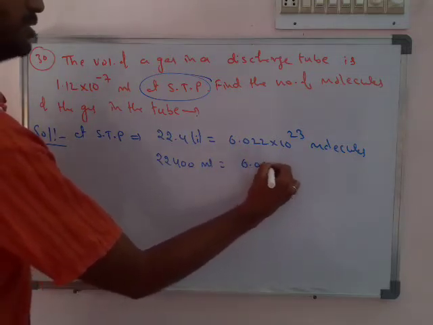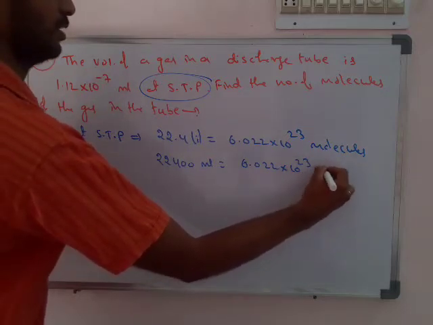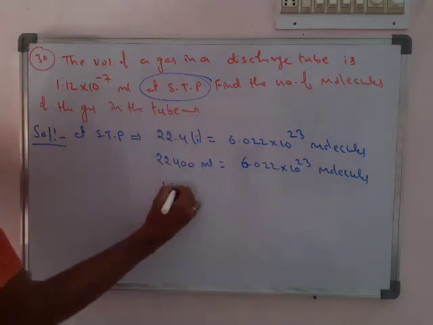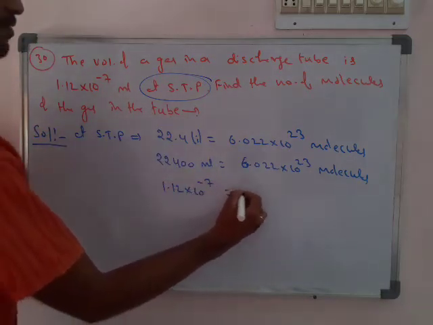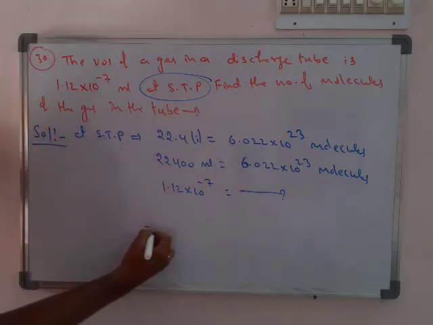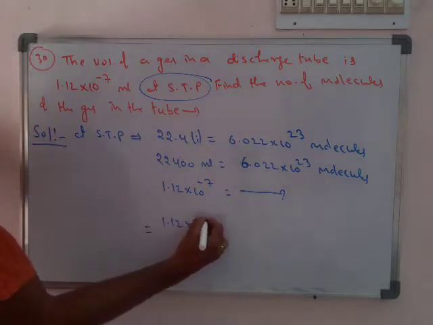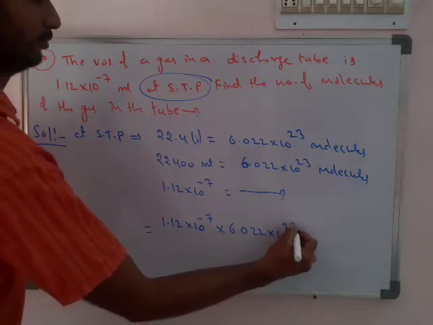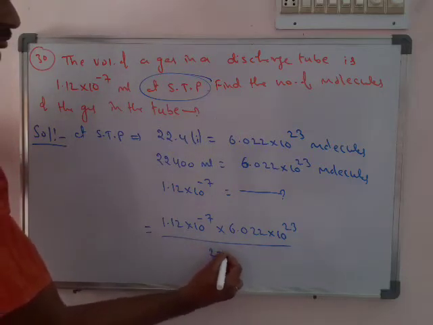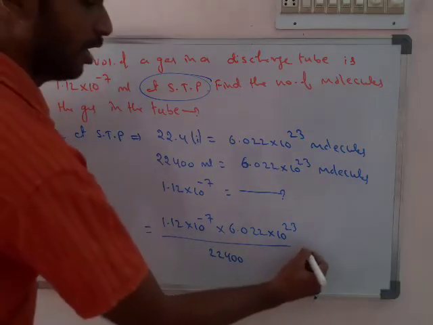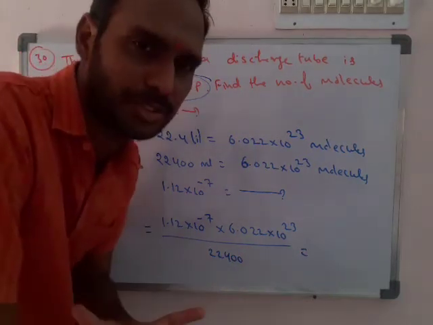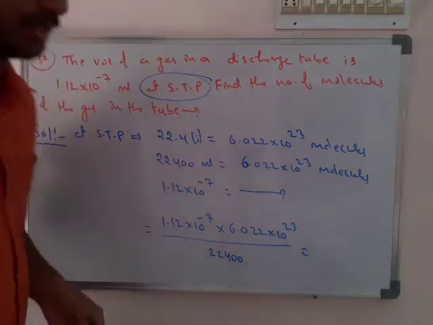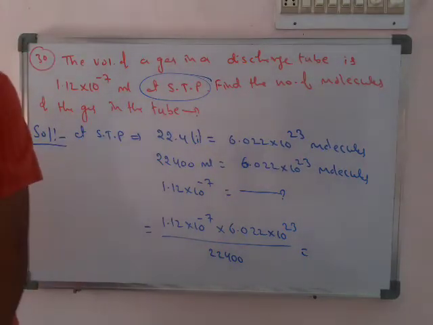So 6.022 into 10 power 23 molecules. Then 1.12 into 10 to the power of minus 7 equals how many molecules? Just do the calculation, because this is a repetitive class. We are just giving hints for the different problems.